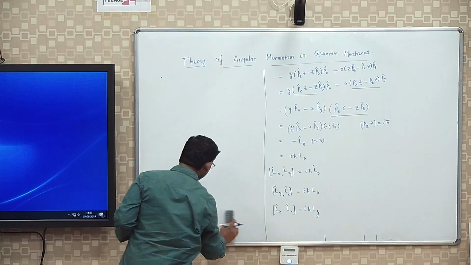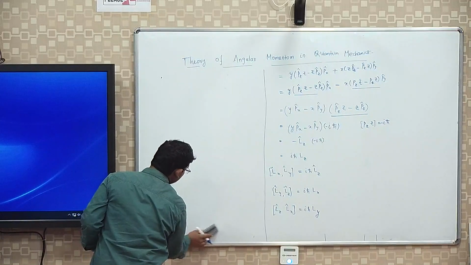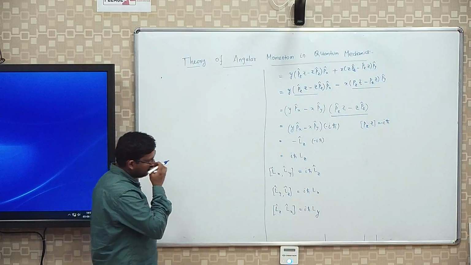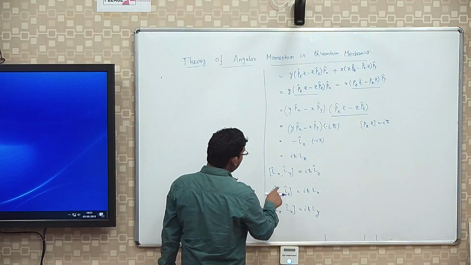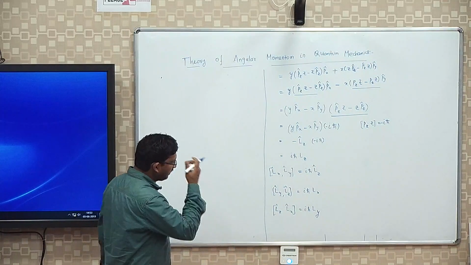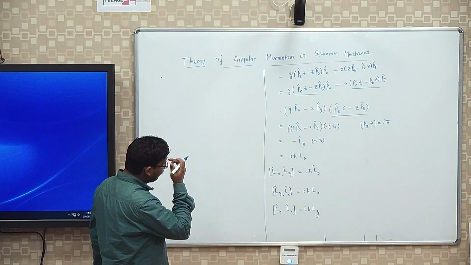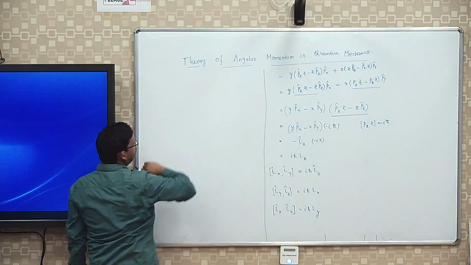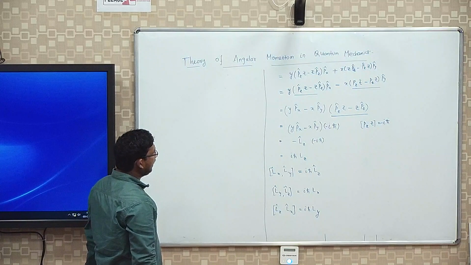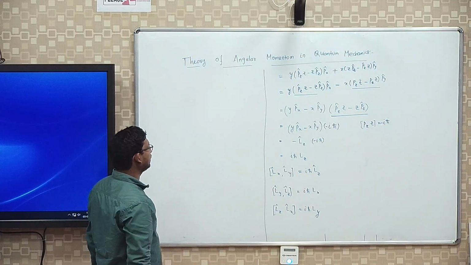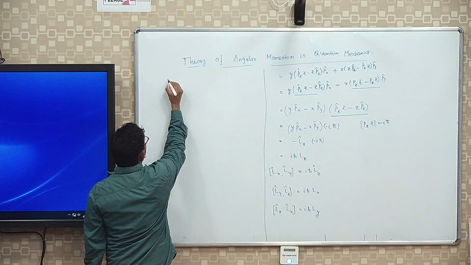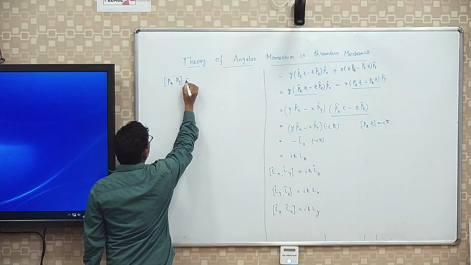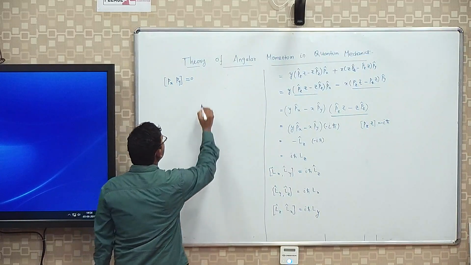what are we understanding from these relations? It means it is not possible to measure the angular momentum in two different components simultaneously. The way in which we measure linear momentum in two different components simultaneously is possible: Px, Py is possible.